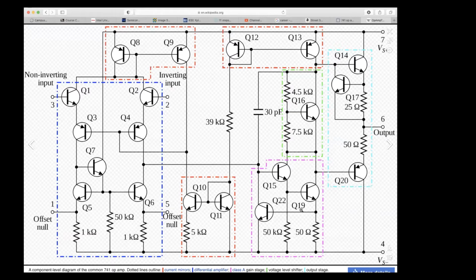Okay, so you guys see a bunch of bipolar transistors now on the screen? Okay, great.